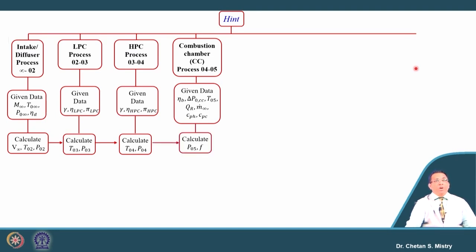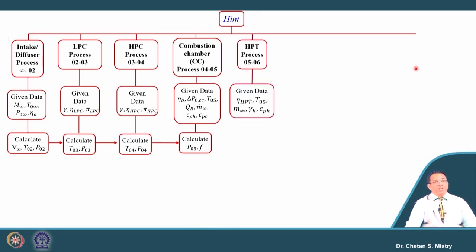So, we can calculate the pressure and the amount of fuel required to raise the temperature to the turbine entry temperature. Then we have the HP turbine, which is used to rotate the HP compressor. The information given is the isentropic efficiency, and the entry temperature is known.